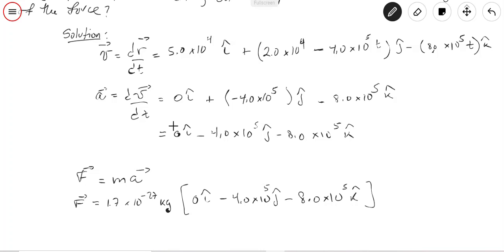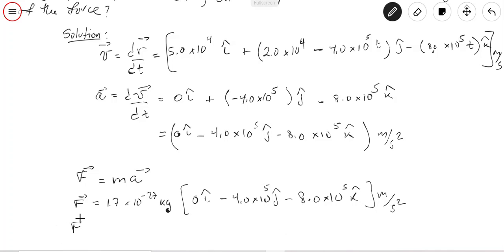Remember that this expression is in meters per second squared. So we're multiplying kilograms times meters per second squared, so it will be newtons, of course.